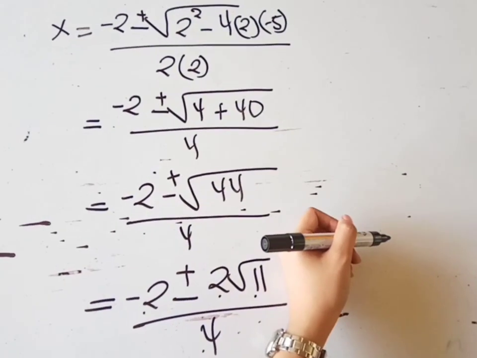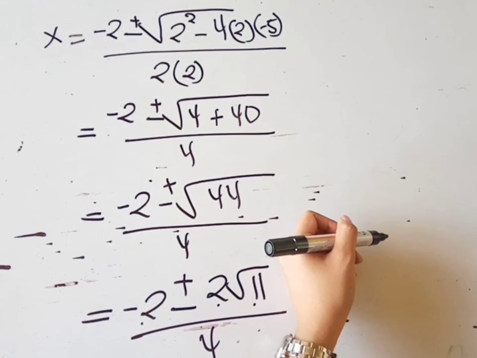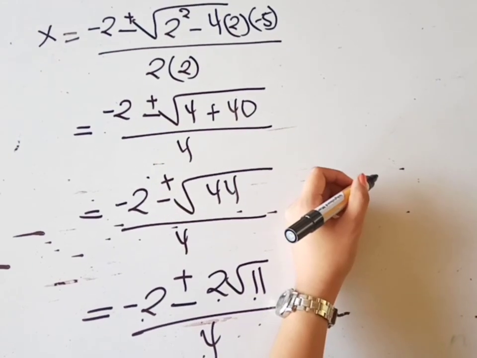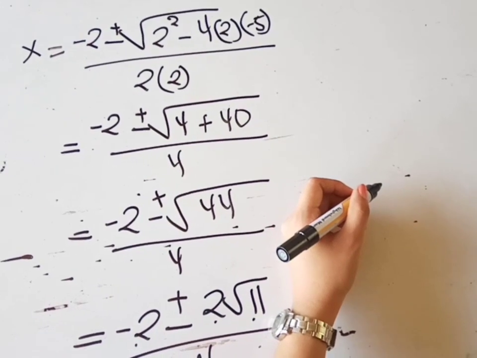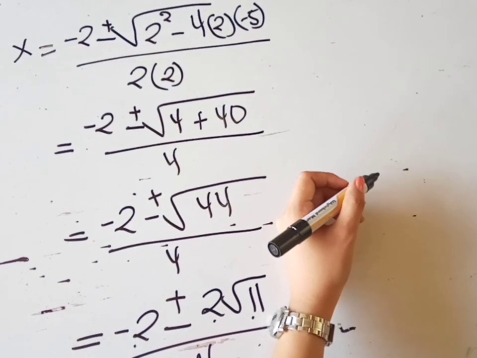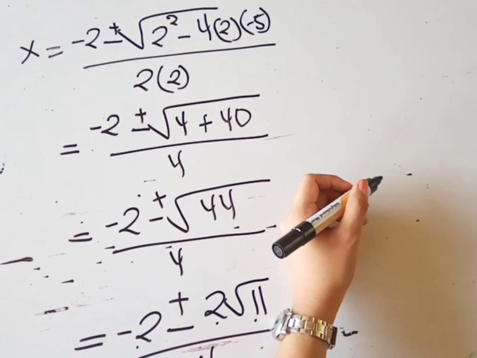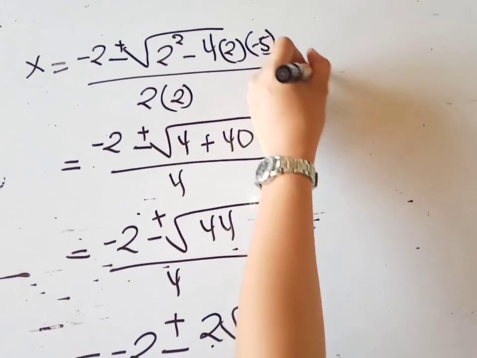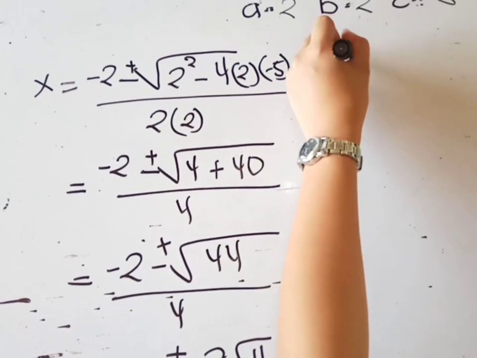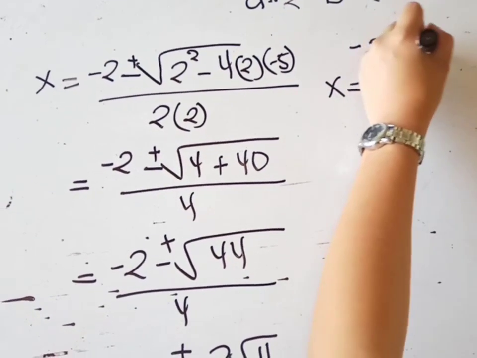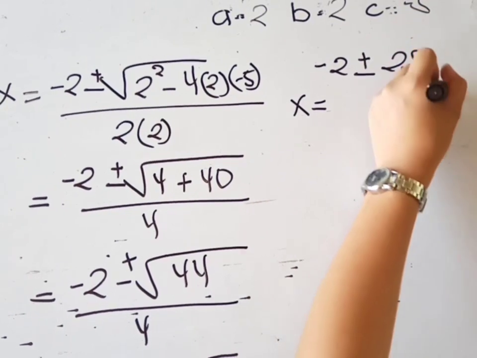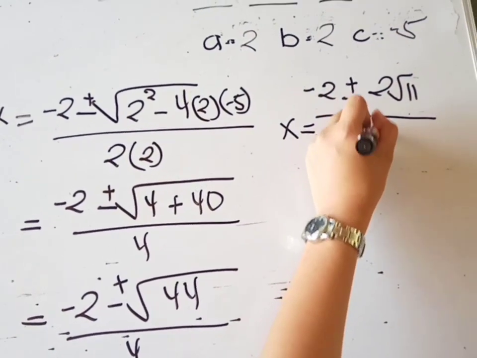If you have noticed, all three terms have a common factor, so we need to simplify more. To simplify, we divide all the terms by 2. So we have x equals negative 2 plus or minus 2 square root of 11, all over 4.